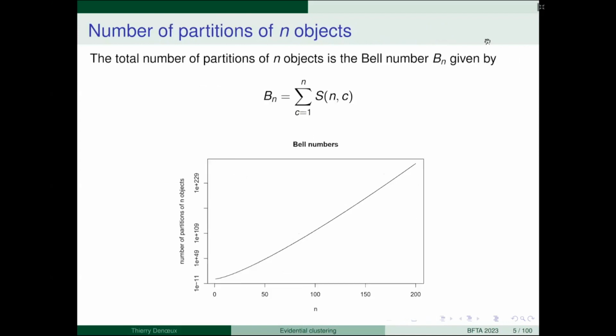So now the total number of partitions of n objects is called the Bell number, B sub n, and of course we have to sum the previous numbers for C equal 1 to n, because if you have n objects, you can have between one group and n groups. And now it's even larger.